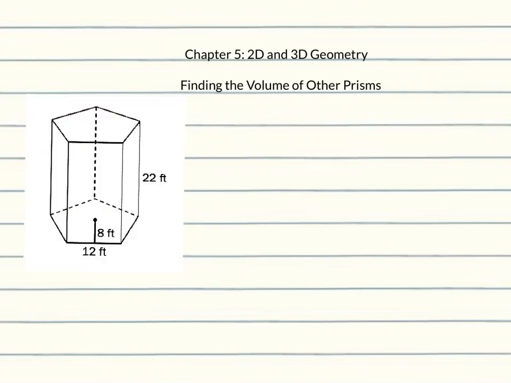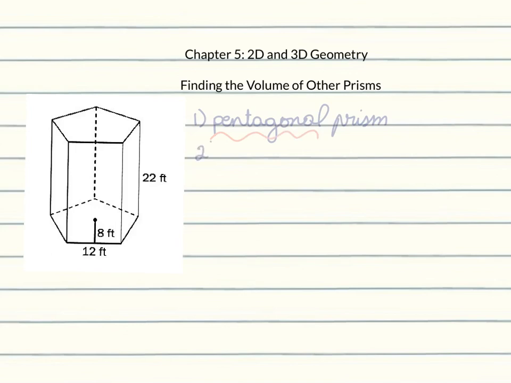Now the question will be, find the volume of this prism. Step number 1 is identifying the shape of this prism. This is a pentagonal prism because we have 5 sides in the polygon. Now from the name, we know that the base is the shape of a pentagon.